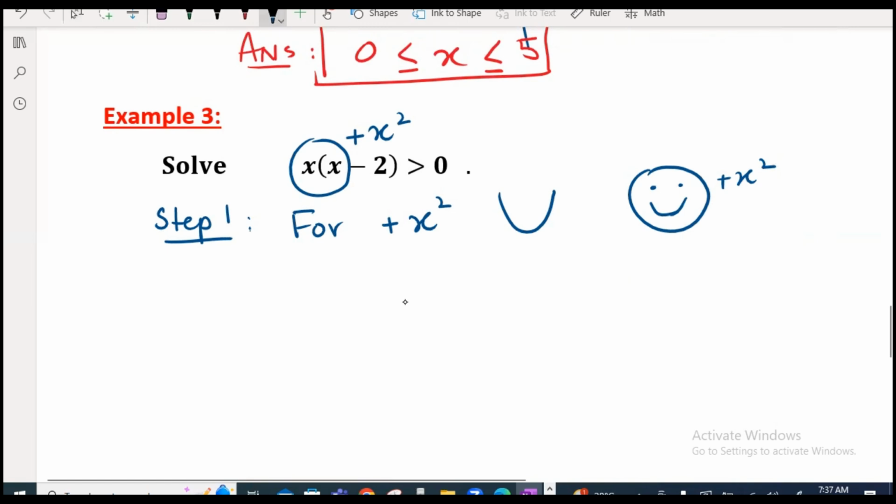Step number 2 is to equate the left side with 0, to find the values of x.